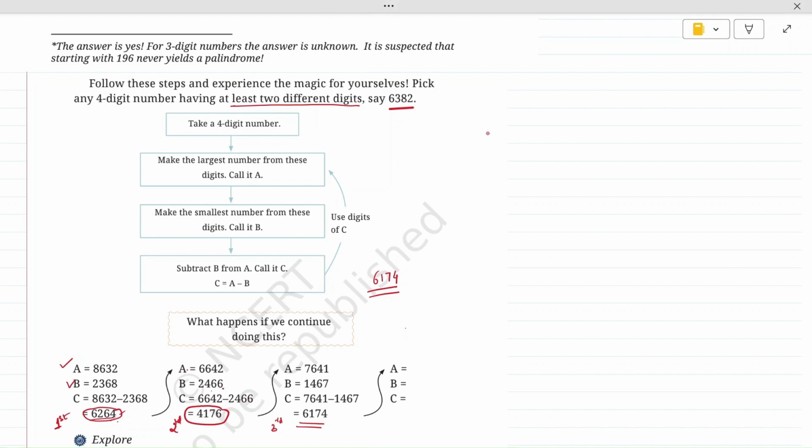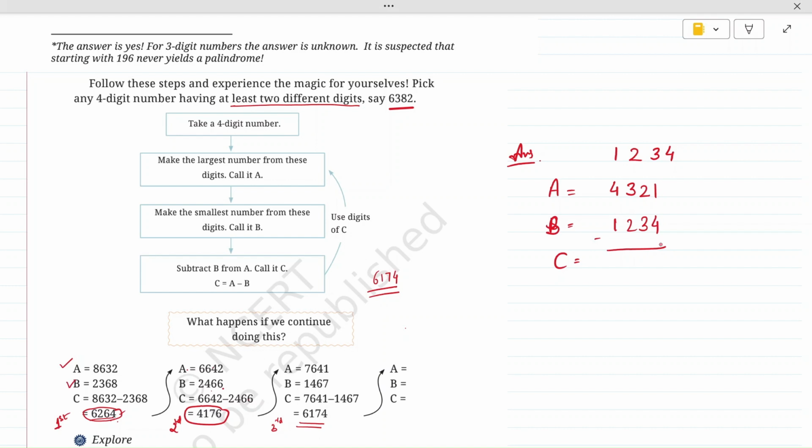Okay, in this case, we have to take a 4-digit number. So let us take the number 1, 2, 3, 4. We take the maximum of this number, which is 4321, the largest number, and the smallest number which we can make here, I will call it B, is 1234. Now we have to find the difference.